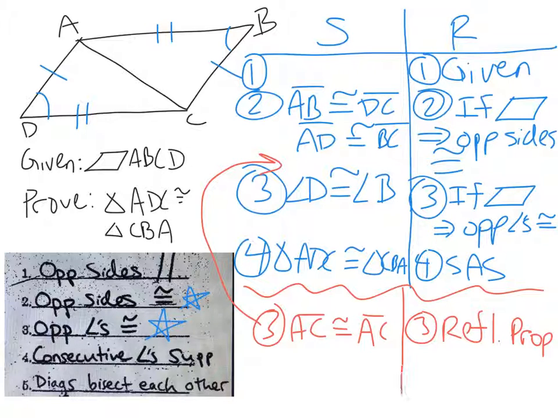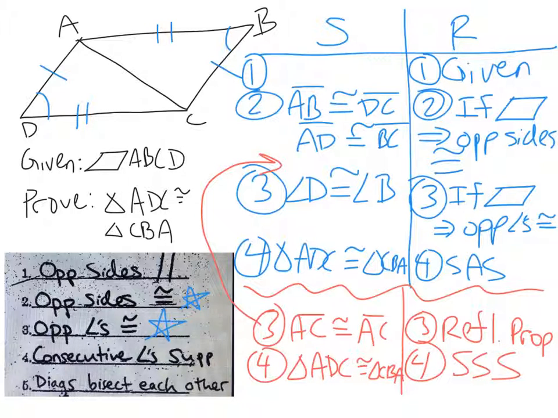And then I'd have my triangles congruent, not by side, angle, side, but by side, side, side. And boom, there we go.